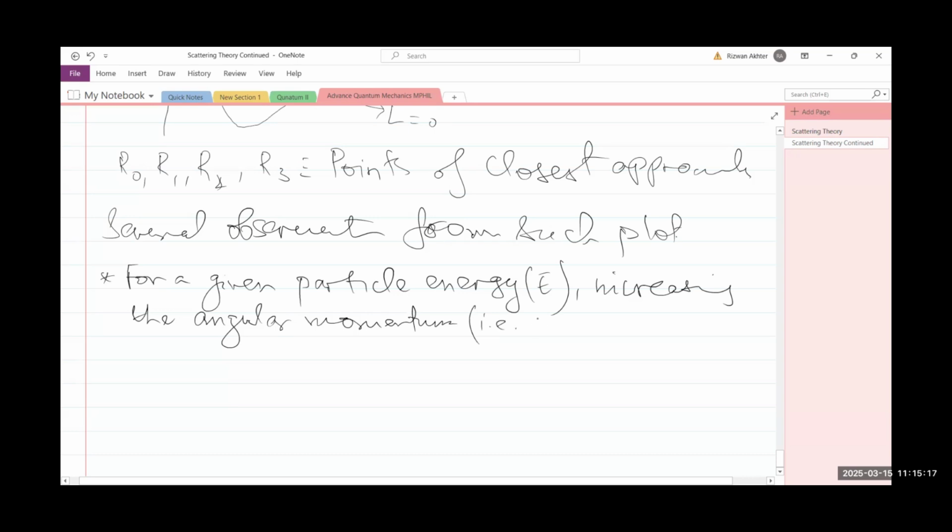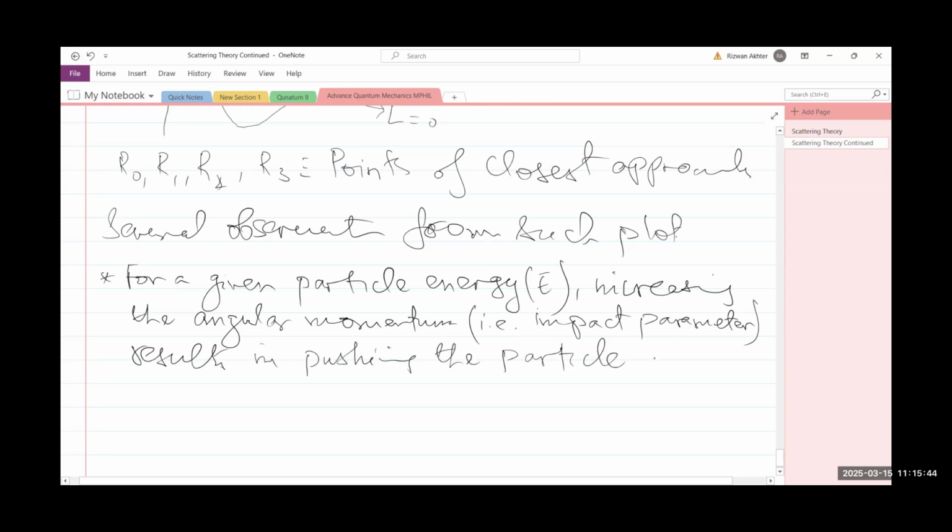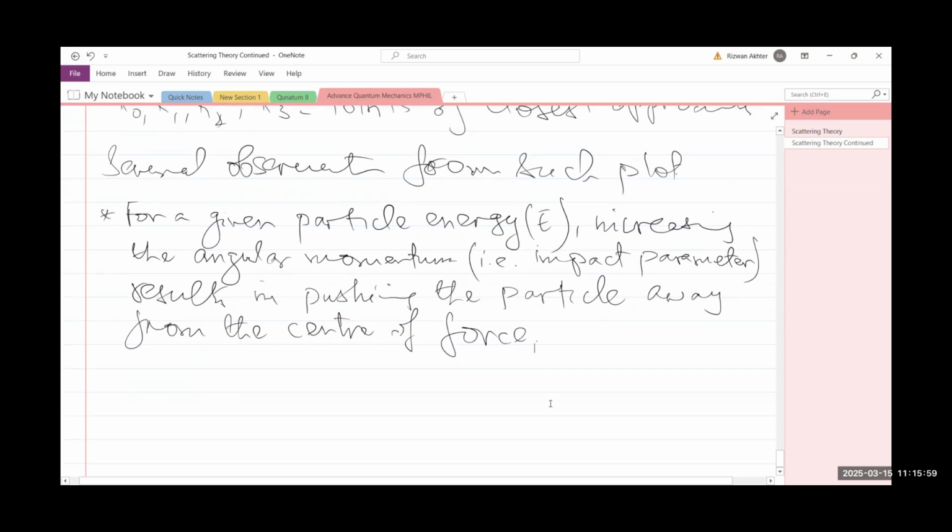That is, increasing the impact parameter. An increase in angular momentum means the impact parameter is increasing, and this would result in pushing the particle away from the center of force. Yeah. So this is the basic understanding.